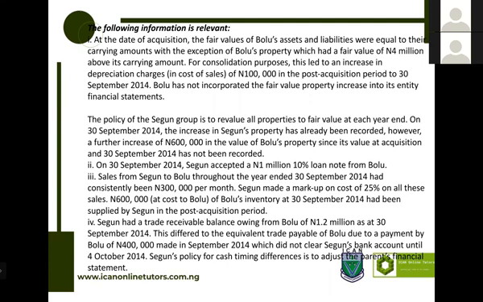For the additional information, we have at the date of acquisition, the fair value of Bolu's net assets and liabilities were equal to their carrying amount, with the exception of Bolu's PPE, which had a fair value of 4 million naira above its carrying amount. For consolidation purposes, this led to an increase in depreciation charges in cost of sales of 100,000 naira in the post-acquisition period to 30 September 2014.